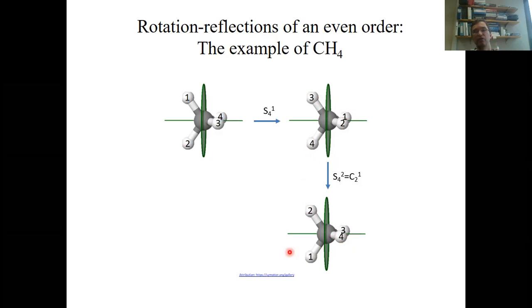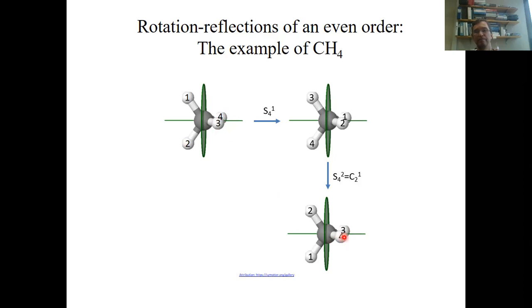Now we compare this molecule with this molecule over here, then we see that to go from here to here, we only need to rotate by 180 degrees around this axis here. So that means that in addition to the S4 axis, there also must be a C2 axis standing here. That actually just swaps these atoms, as you can see here, and these 2 atoms, as you can see here.